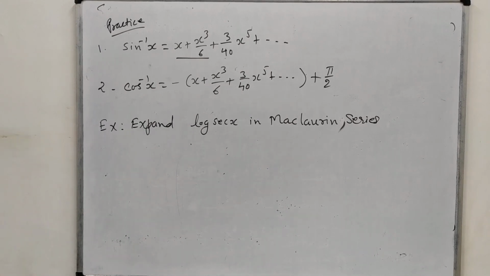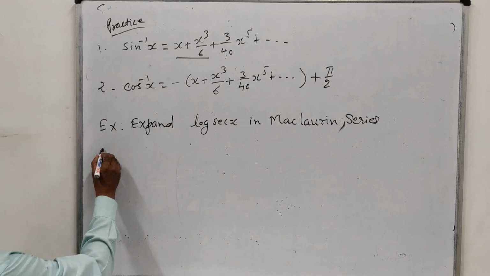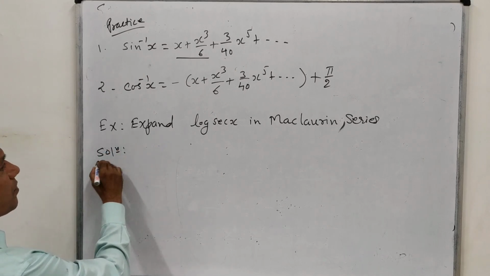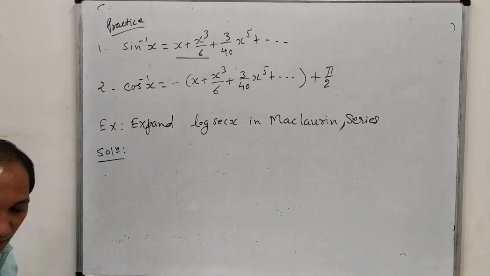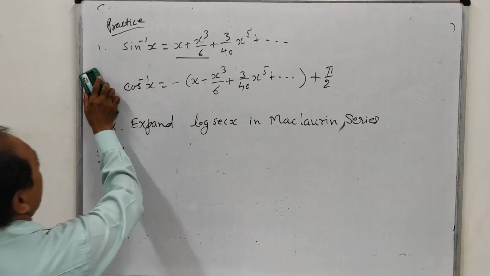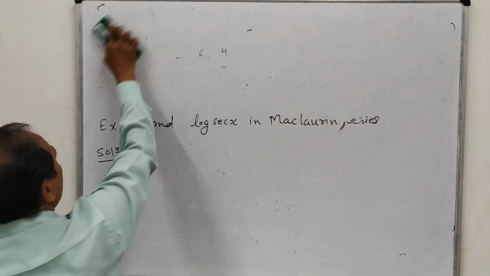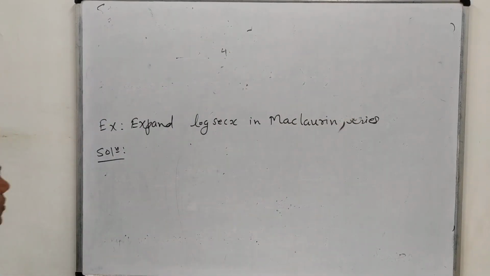So expand log of sec x in Maclaurin series. So see friends, here we will require the knowledge of Maclaurin series in the solution. Instead of repeating the Maclaurin series in all the examples, I will write it down here in the solution.